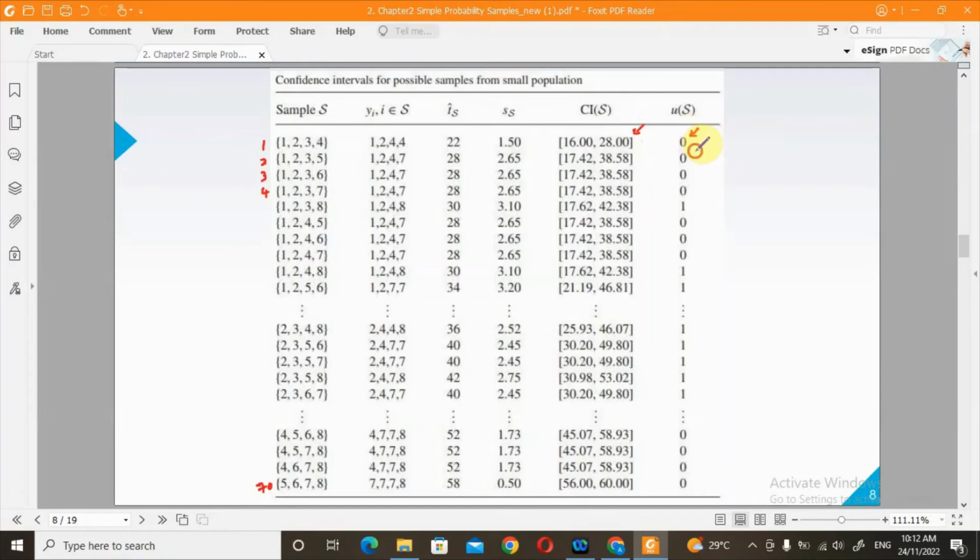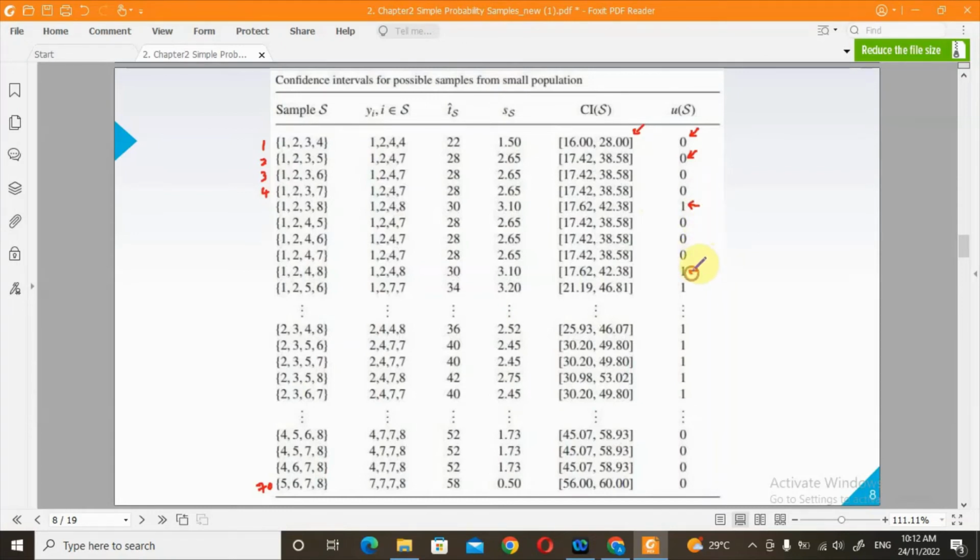The same goes for the second one, mark it as 0. But for any sample which includes 40 in the confidence interval, we will mark it as 1.